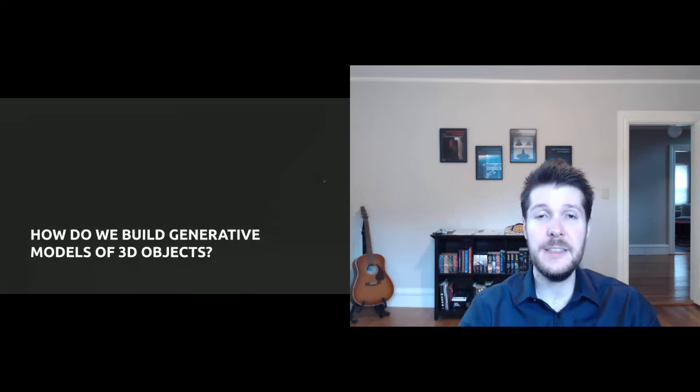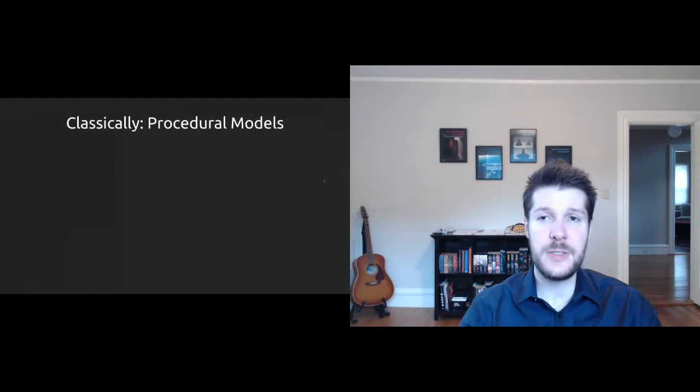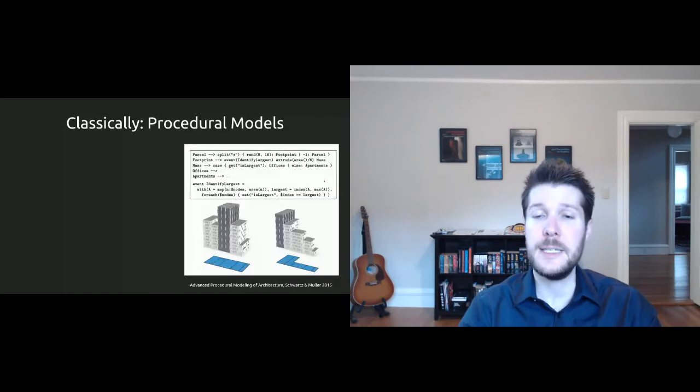Well, classically, this is a discipline that started in computer graphics. We would use procedural models, so basically programs that output geometry. Here's an example of a recent-ish paper on procedural modeling of architecture.